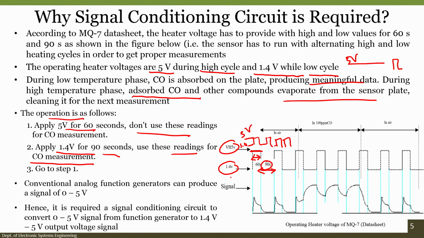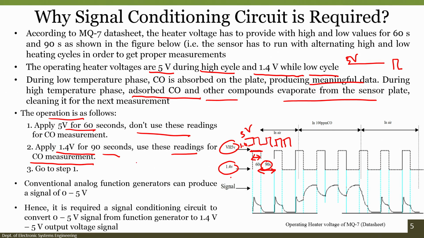It operates at two different voltage levels because we intend to measure the amount of carbon monoxide, but at a higher temperature the other adsorbed compounds get evaporated, and what we require is the 1.4 volts for 90 seconds.